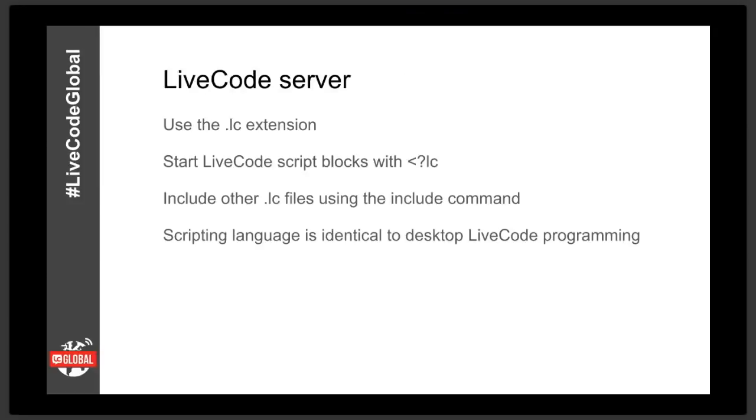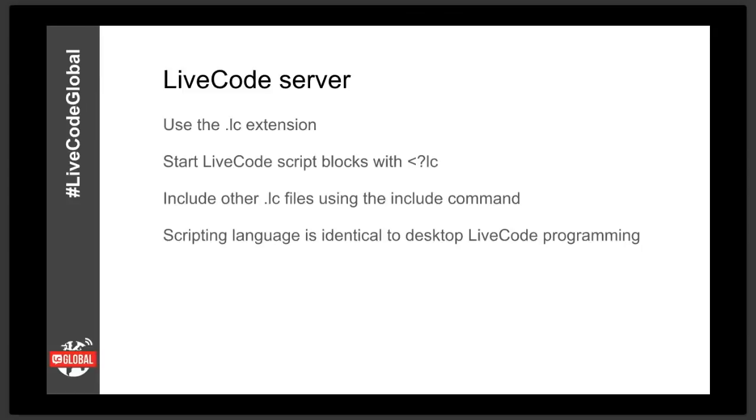So a little bit about LiveCode server programming. I'll show you an example in a second, but all LiveCode server files have the .lc extension, or typically the main files do. You can use LiveCode stacks using the start using command, but main ones have the .lc extension. And you put LiveCode scripts within these angle brace question mark LC blocks. I'll show you what that means. And they're just text files with LiveCode script within them.